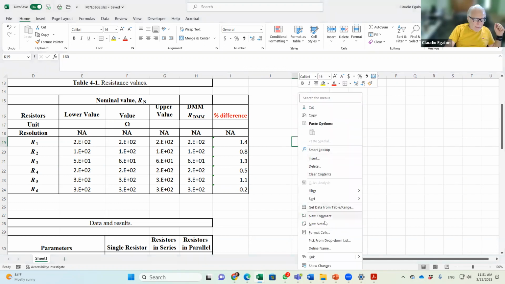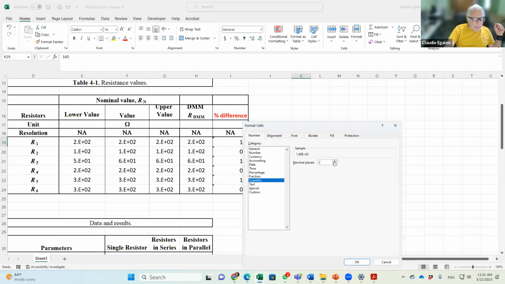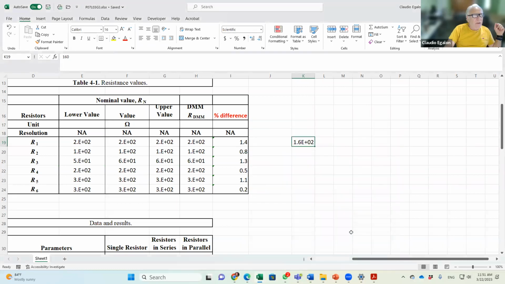You write that down in scientific format, and then you cut down the decimal places. Now I have 2 significant figures, and the number is the same. Oh, okay. 2 figures, and the number is still 160. All right. Thank you so much. I really appreciate it.